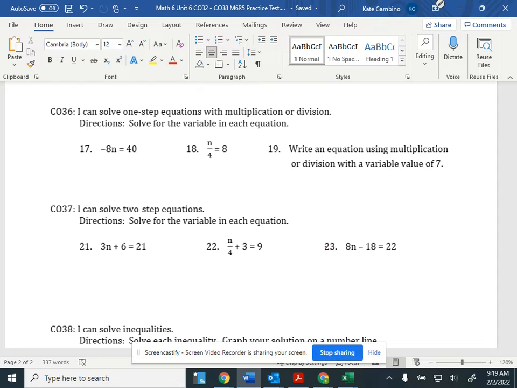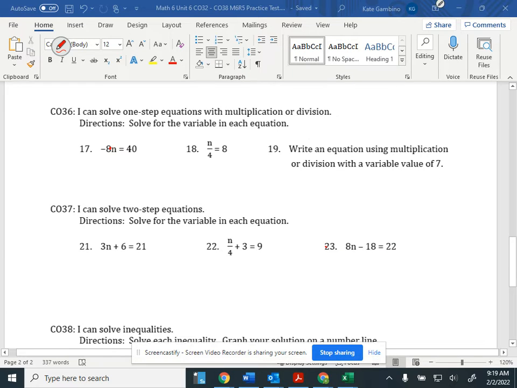So let's look at 17. What should I do? Negative 8n equals 40. If it's at negative 8n, what operation is that, Josie? Yeah, this is multiplying. Negative 8 next to the n means we're multiplying.